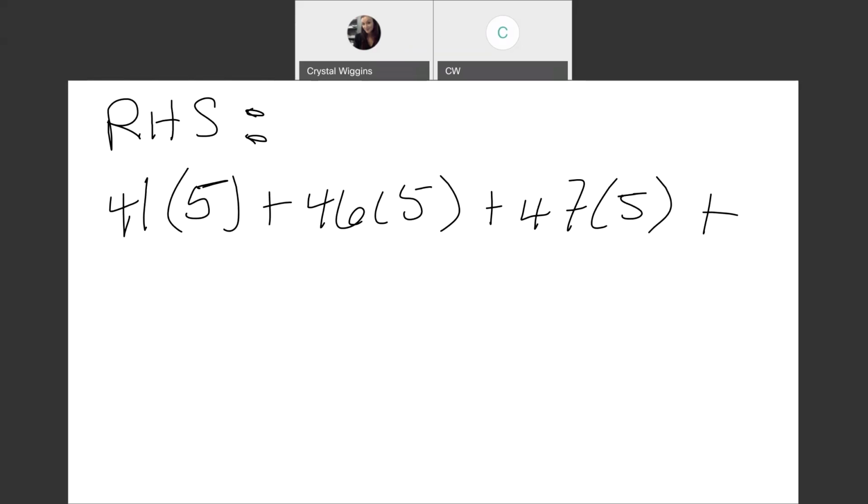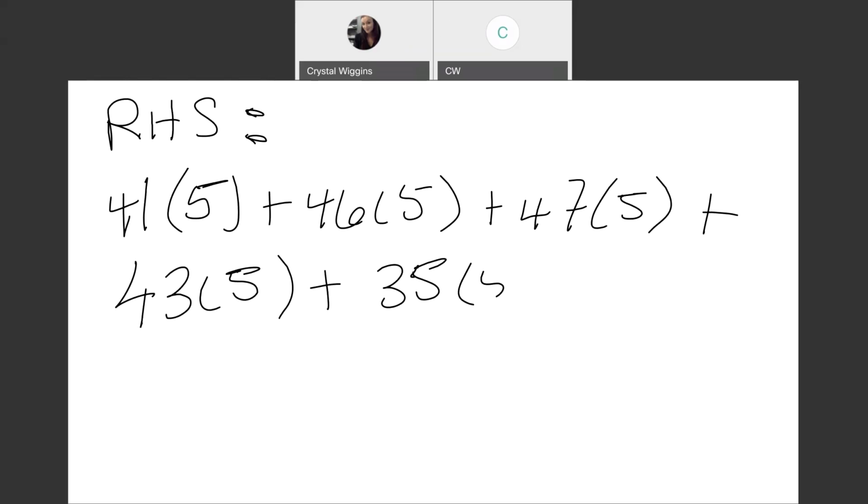time interval doesn't change. 43 times 5 plus 35 times 5. So if you're looking at the chart, you'll see I am just going from right to left. Plus the last one, 31 times 5. Again, we don't do the 25 because these are right-hand sums. We pop these in our calculator.